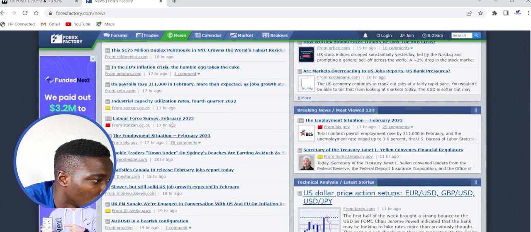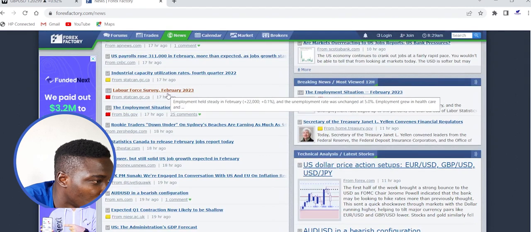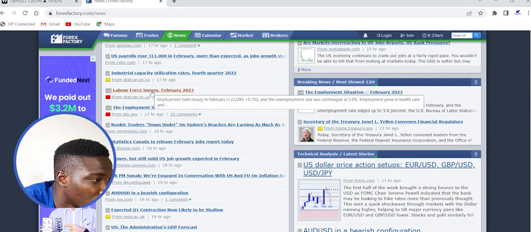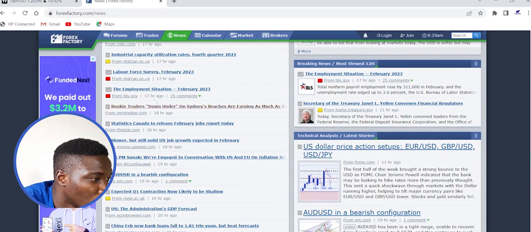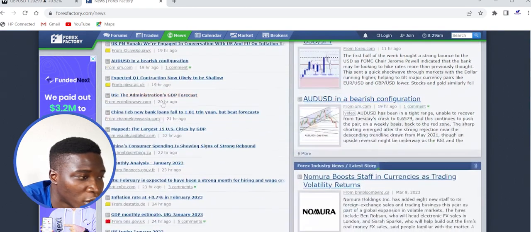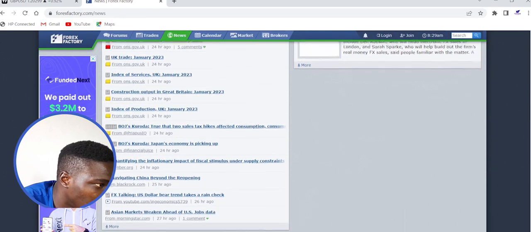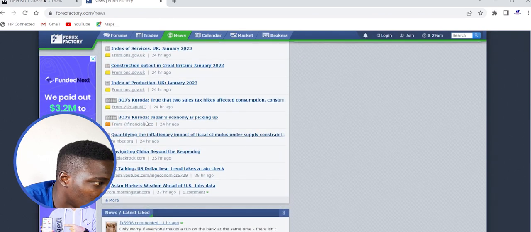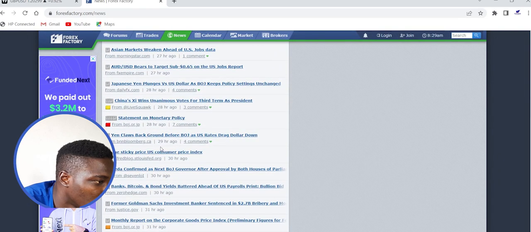Can you see we have the Labor Force Survey February 2023, which is very important, right? If you missed this fundamental and you were in the wrong position, you would have lost money because this is very volatile. The employment situation. And then let's go down. GDP monthly estimate, Bank of Japan, Kuroda.